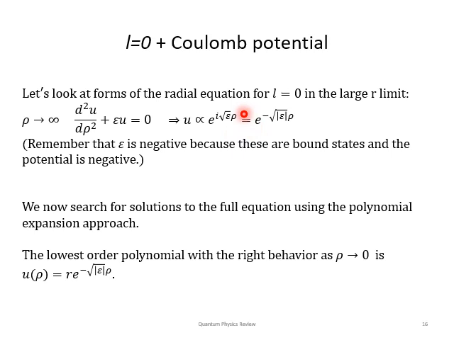And because the energy is negative, that's actually exponentially decreasing in distance from the origin rho. Now remember that that is u, and u is equal to r times R. So there is going to be a variable r that appears in the final solution.